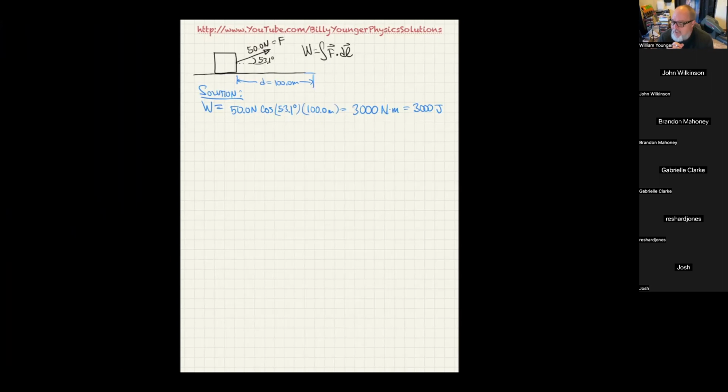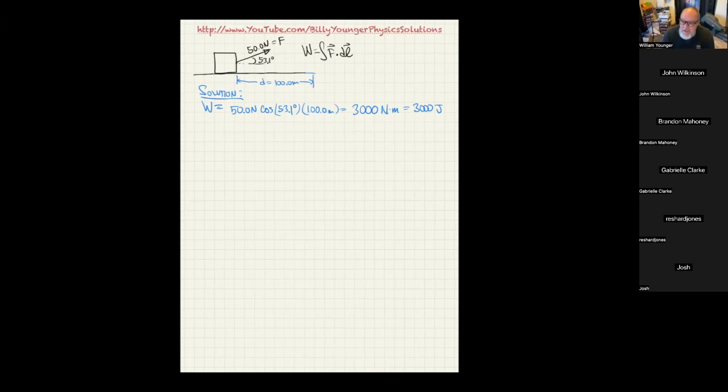So you end up taking the cosine of 180, which is -1. So you just get negative mu static mg times d. And that's it. That's the whole work done by a car skidding a distance d, if the coefficient of static friction is mu s and the mass of the car is m. Any questions on that?